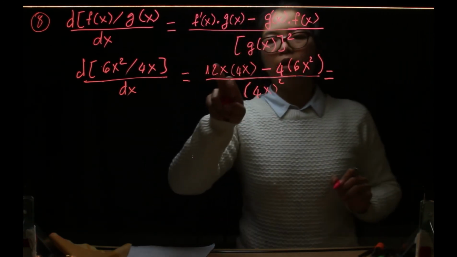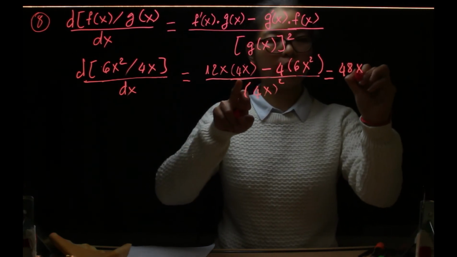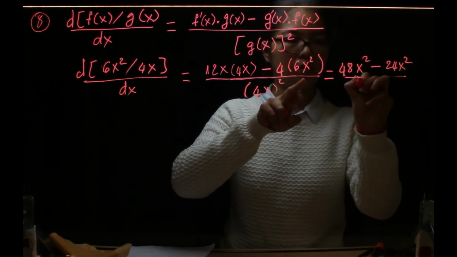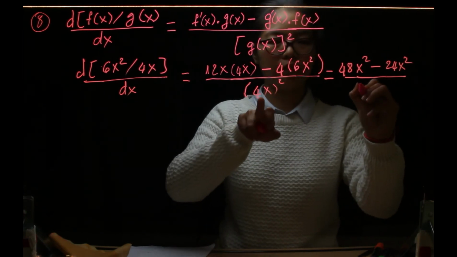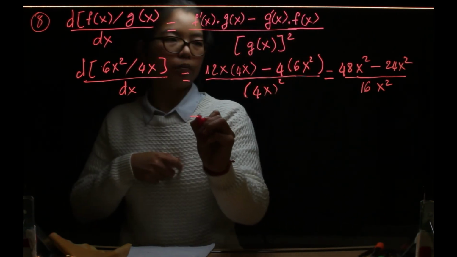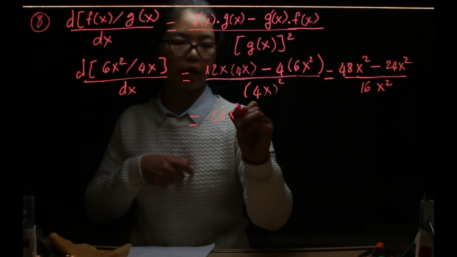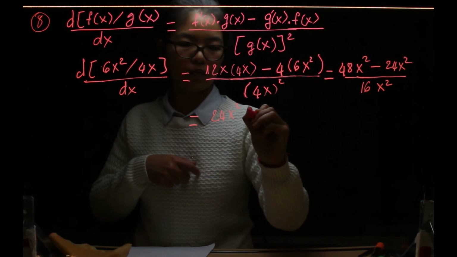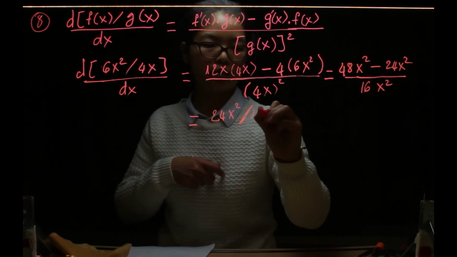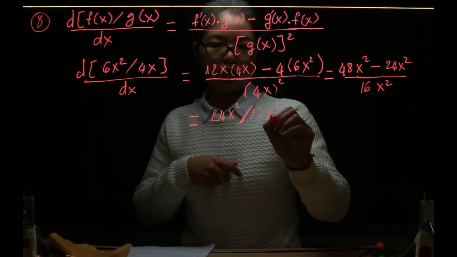So now let's say 12x times 4x, 12 times 4, 48, again, x squared minus 24x squared. And then here we have 16x squared. So what would it be? 48 minus 24, we have 24x squared on the numerator, and then 16x squared in the denominator.